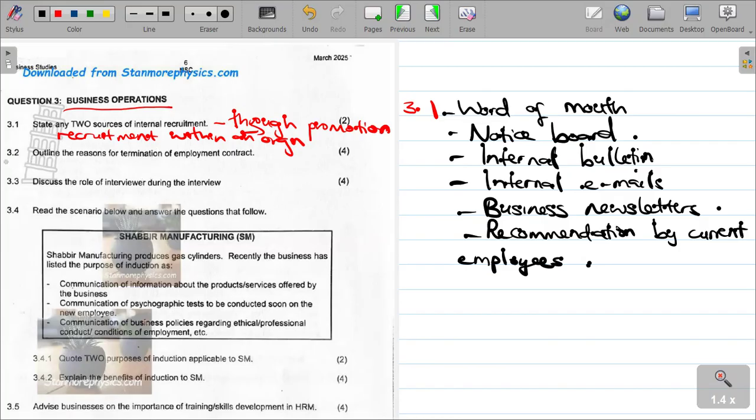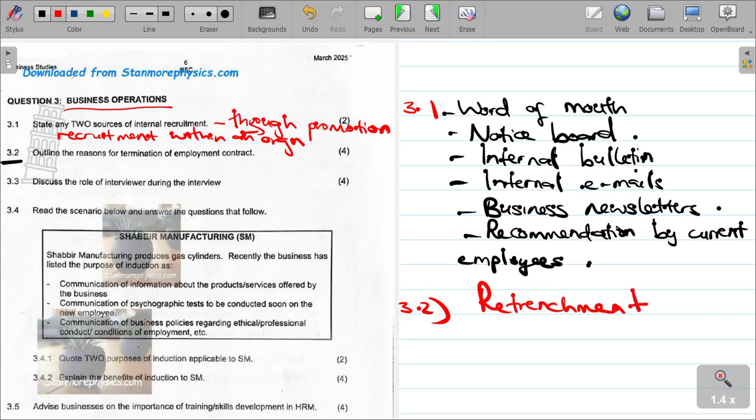Question 3.2. Outline the reasons for termination of employment contract. There are so many reasons. It might be due to retrenchment. The employer is bankrupt.